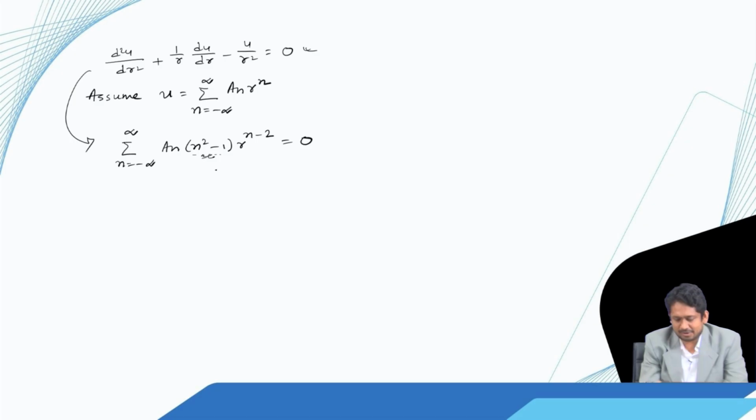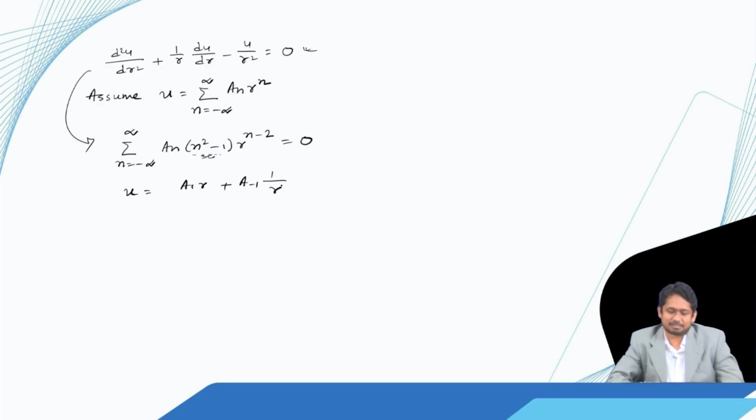So, except for n equal to plus 1 and n equal to minus 1, this happens. So, we can say that the feasible solution for this is just this: a 1 multiplied by r plus a 2 multiplied by r to the power minus 1, or 1 by r. Other than these two terms, the other terms are not feasible.